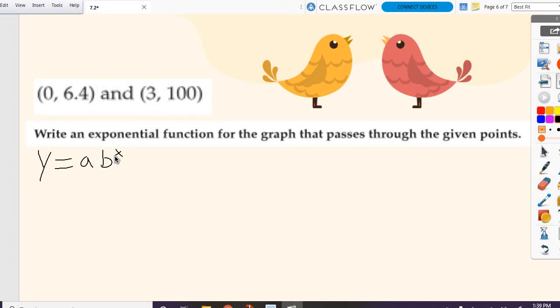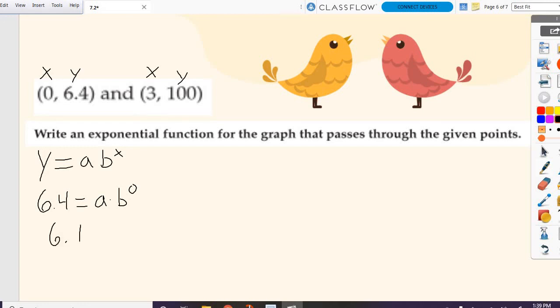Last time they gave us things in time and population, and that represented our x and y. This time they're giving things to us as points, but remember that points also equal our x and our y. So again, we're going to use those points to plug in, like our 6.4 for y and our 0 for x, in order to help us solve.